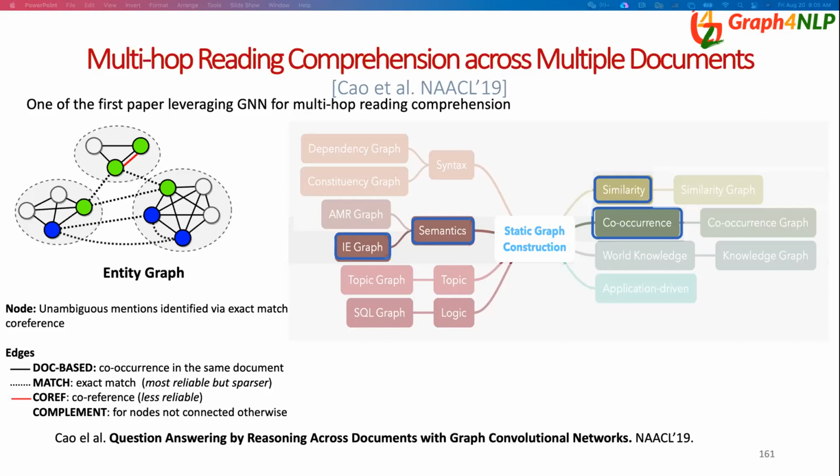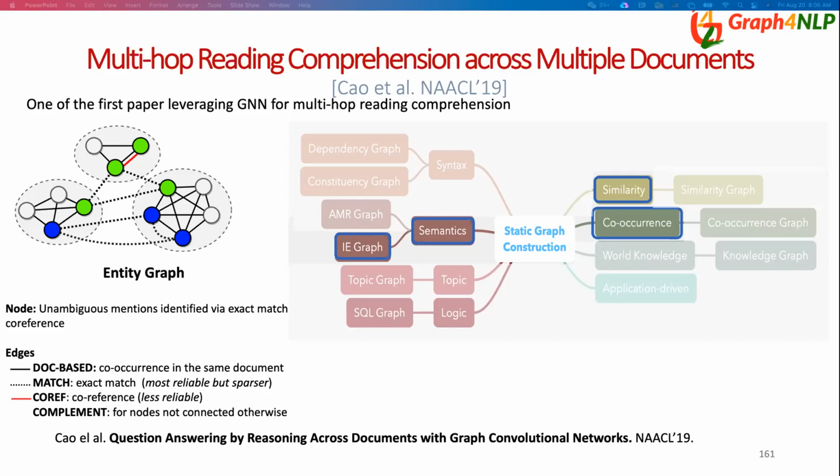And then you can also see these dashed ellipses. Those are supporting documents organized as a graph where nodes are mentions of either candidate entities or query entities. And there are four types of edges. Document-based means that the nodes co-occur in the same document.